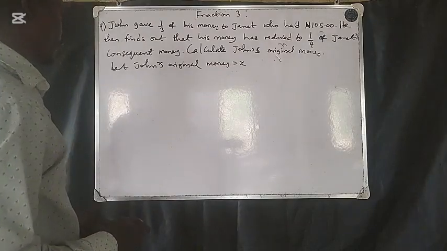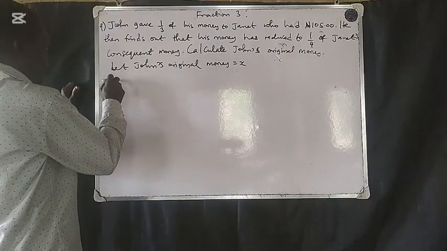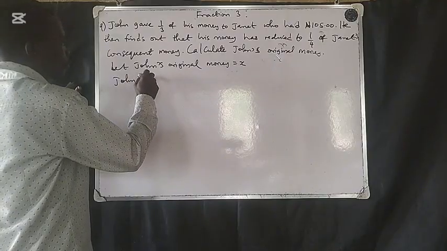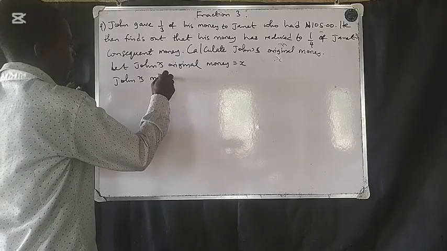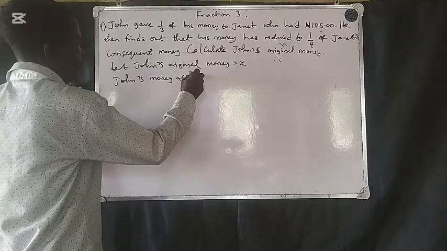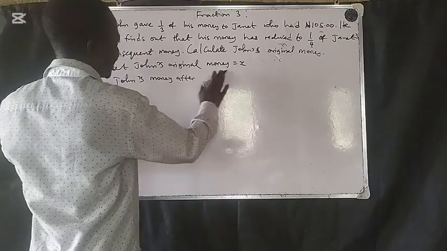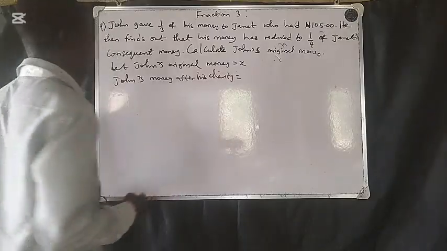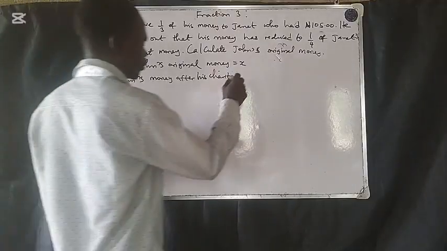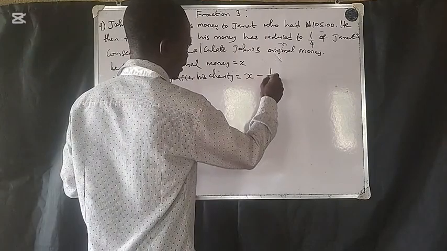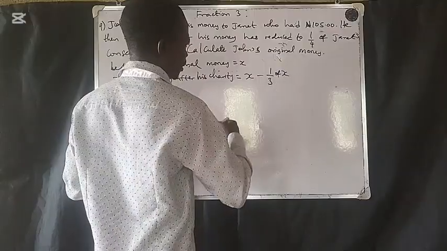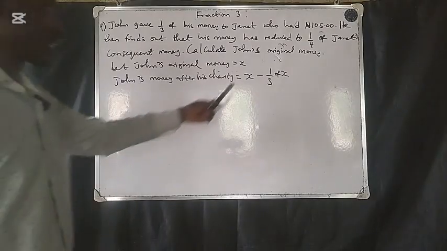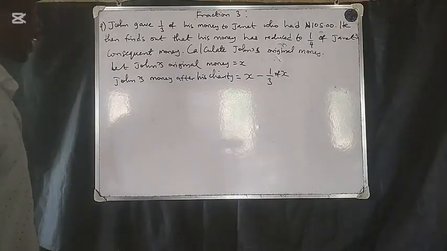So if he gave out 1/3, John's money after his charity to Janet will remain x minus 1/3 of x, which is x/3. That is John's money now.